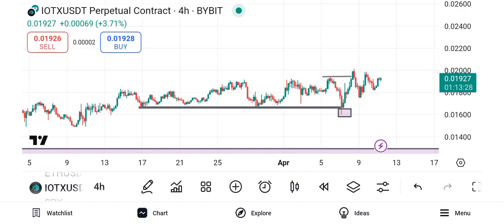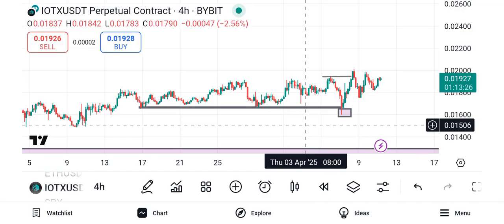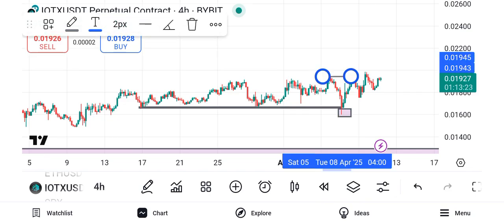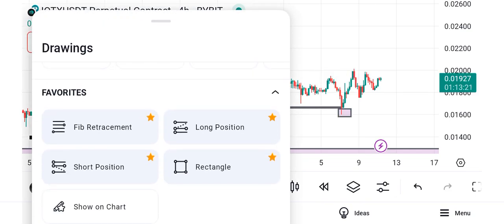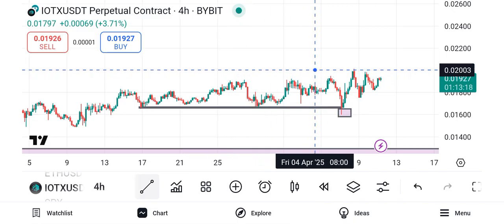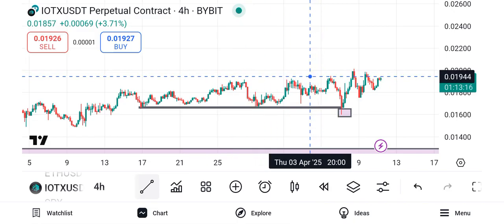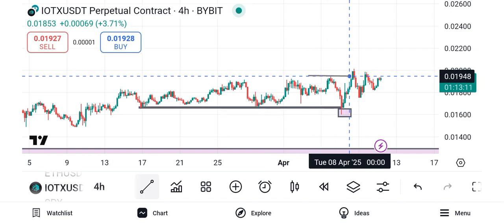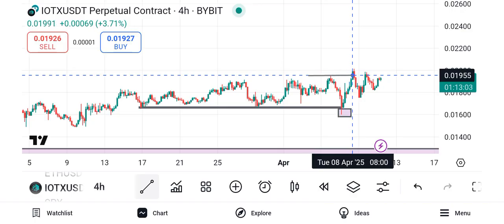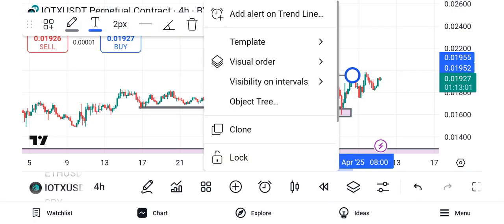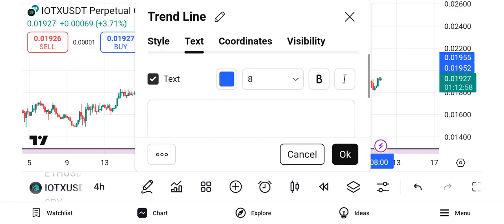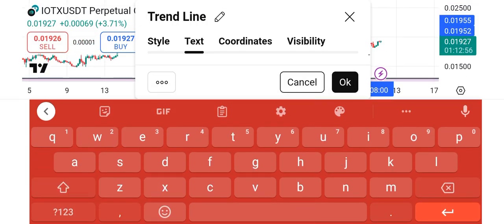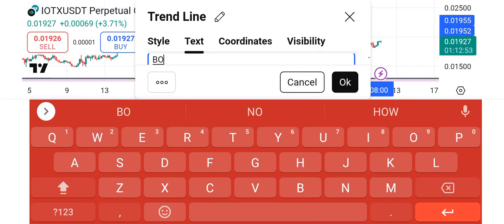Now you can see how the market broke that structure. It took out the high, and it's also a break of structure, a BOS.